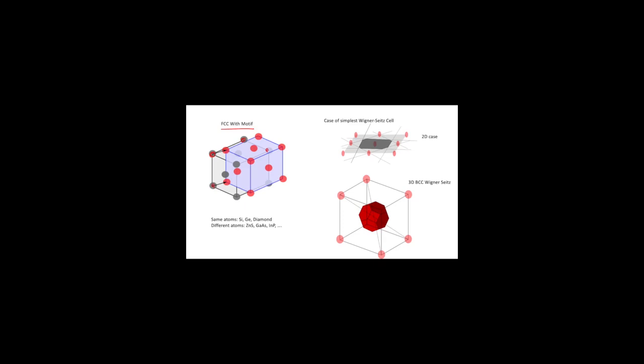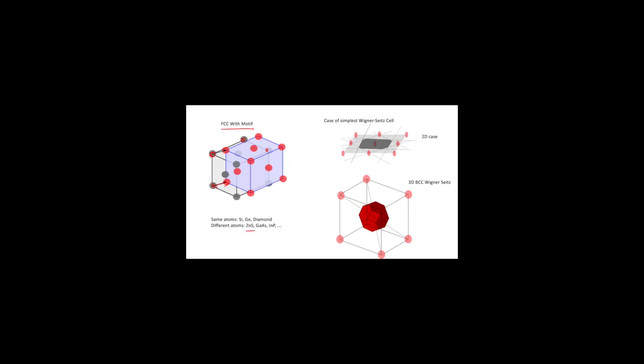So I take two FCCs and interpenetrate them with a particular offset. Right? So basically each atom has a twin attached to it very next to each other. This is called an atom with a motif, and this particular example is called a zinc sulfide or zinc blende structure.